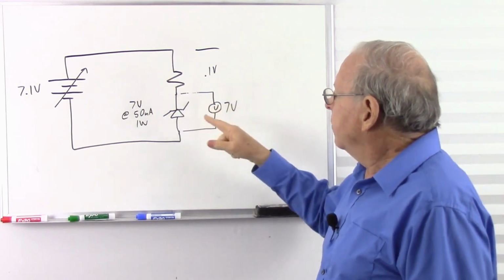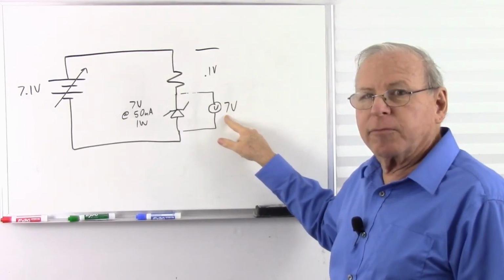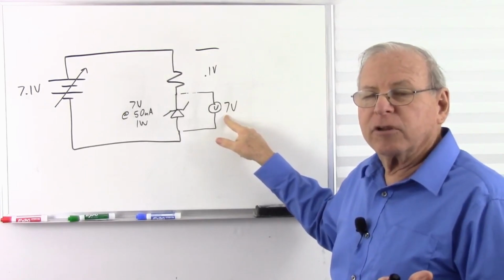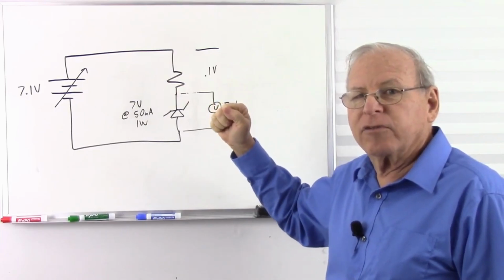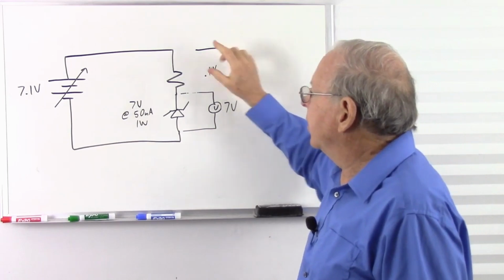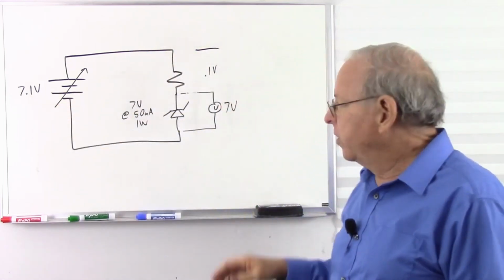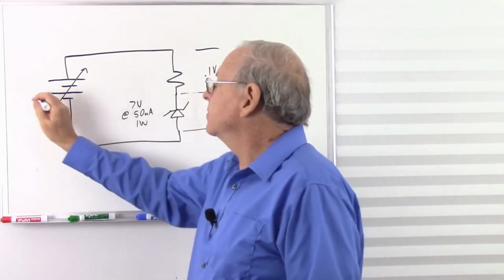So now, once again, I put this at 7.1 volts. This goes up to 7.1 volts. The little green man sees the voltage go high, so he cranks his resistance down until he sees 7 volts. And so then we're going to have 7 volts here, 0.1 volts there, adding up to 7.1 volts. Now let's go up to 8 volts.